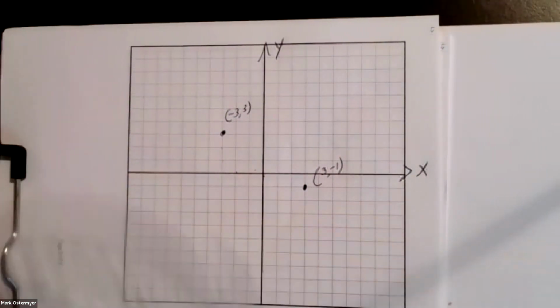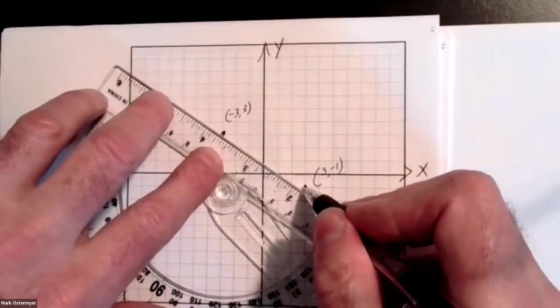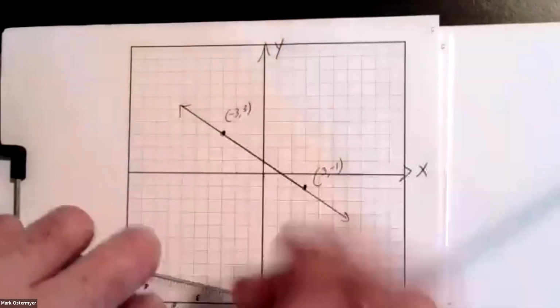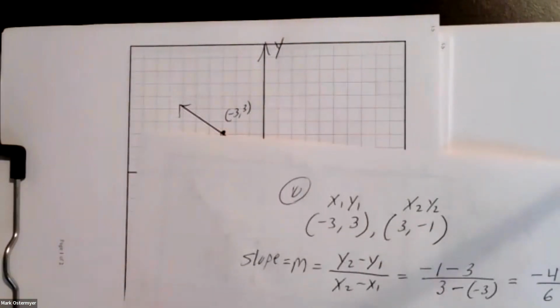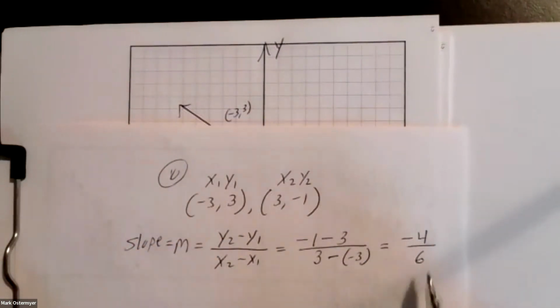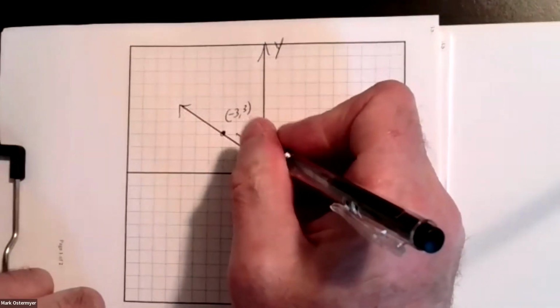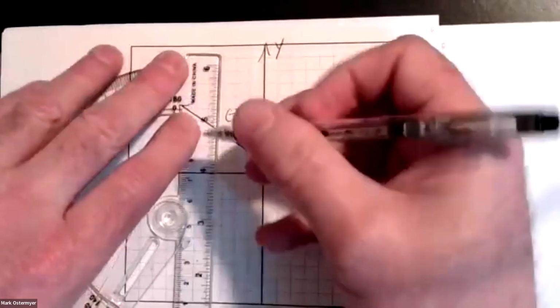Put a line through these points, and we can see that this line is not a rising line in the XY plane, but this is a falling line. Okay, and falling lines always have negative slopes, and that's why we got a slope of -4 over 6. So if I was to walk from this point on the line down to this point, I would experience what kind of a rise?